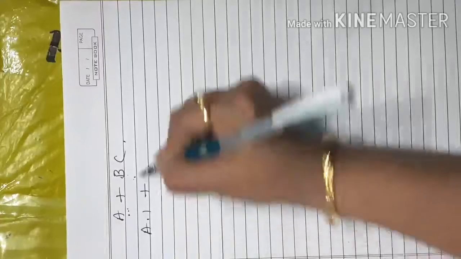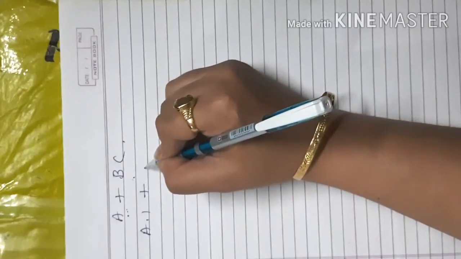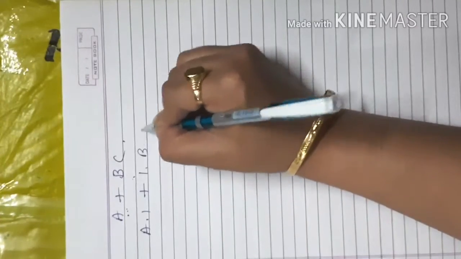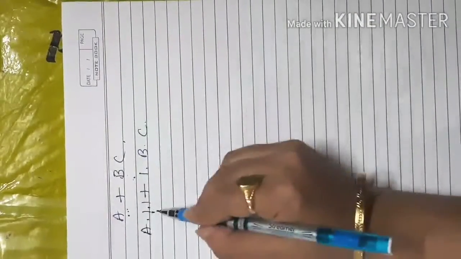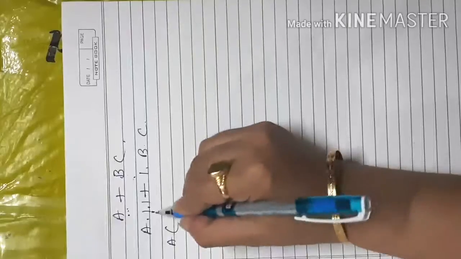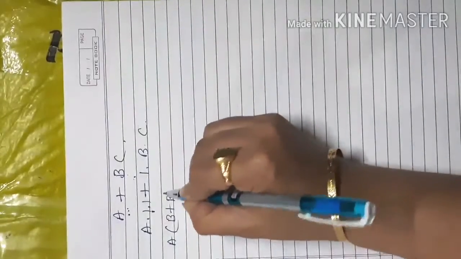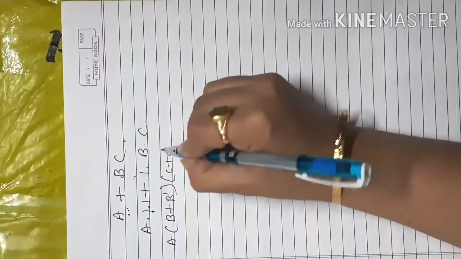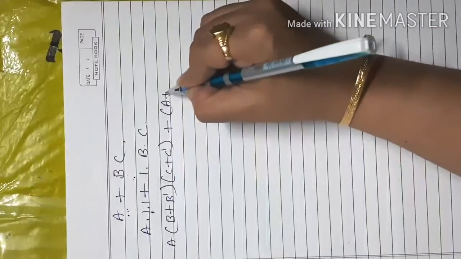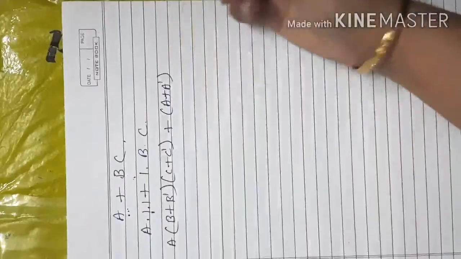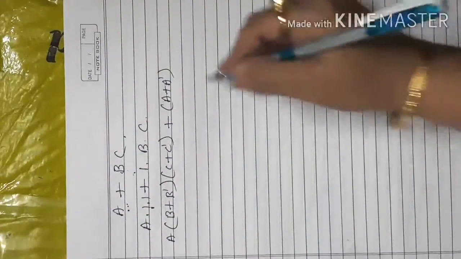Here only one variable is missing, and here both 2 variables are missing. So in place of 1, first I convert B or B complement, C or C complement, and here only one variable is missing, A or A complement, because A or A complement is 1. So that is B and C.